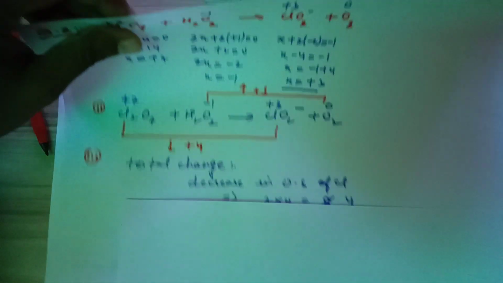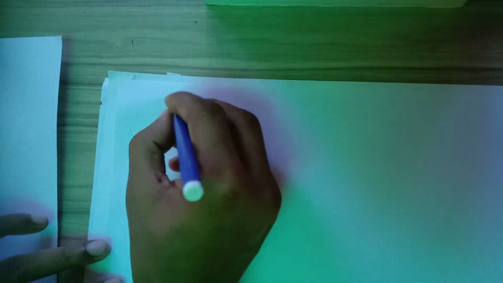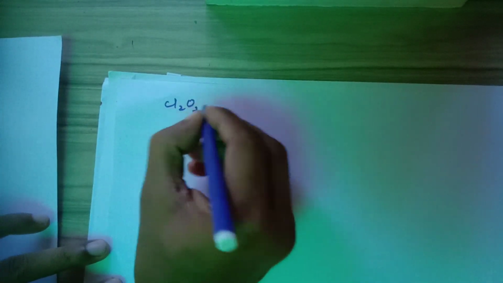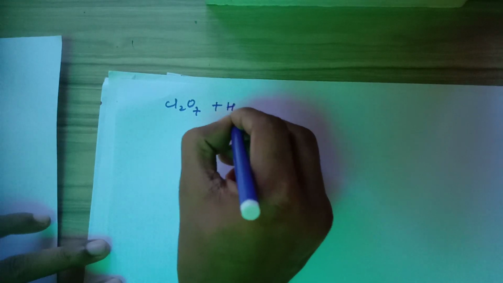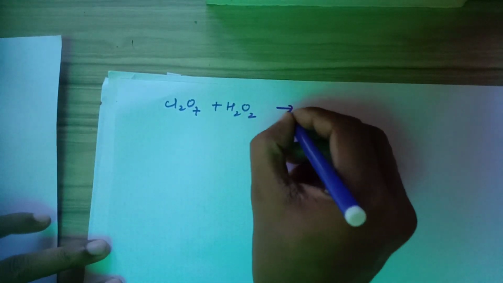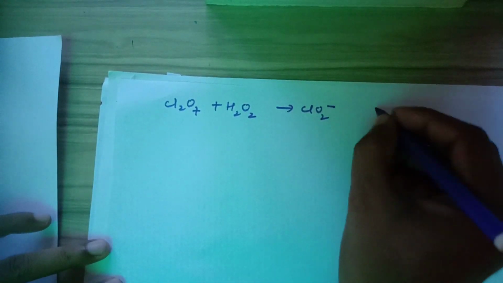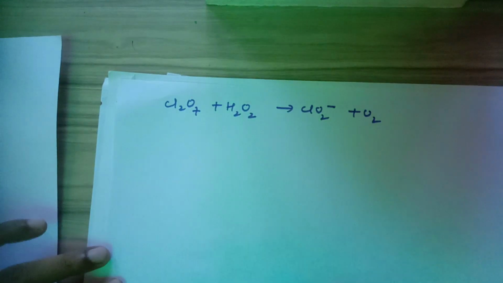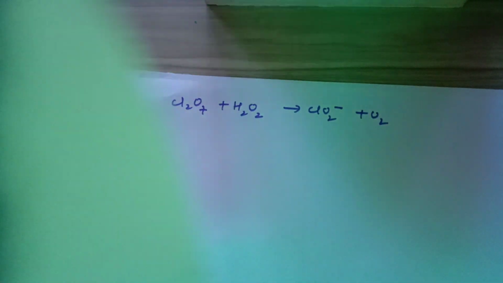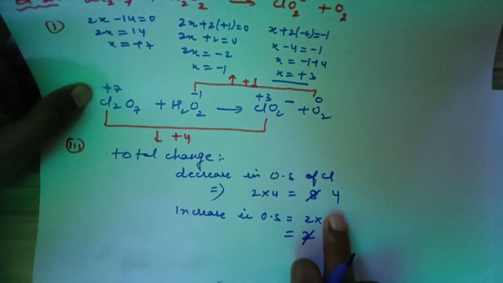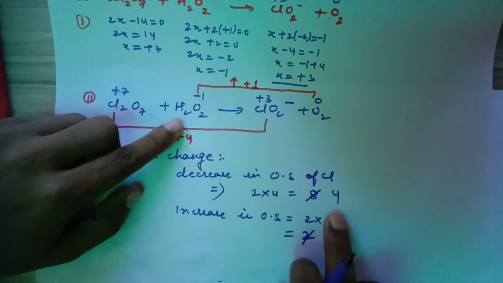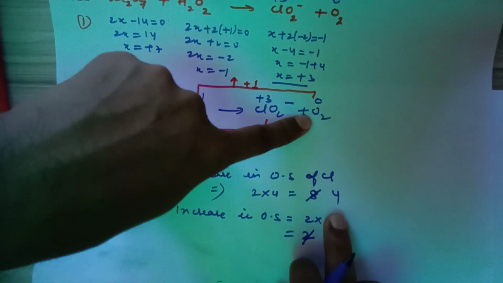So let's take the same question and follow the next rule. Here it is Cl2O7, H2O2, ClO2 minus, that is O2. Now since the change in chlorine is by 4, we have to multiply H2O2 by 4 and this oxygen by 4.